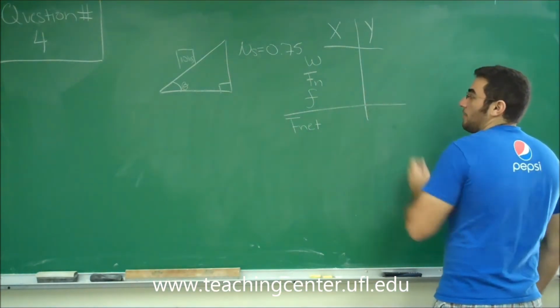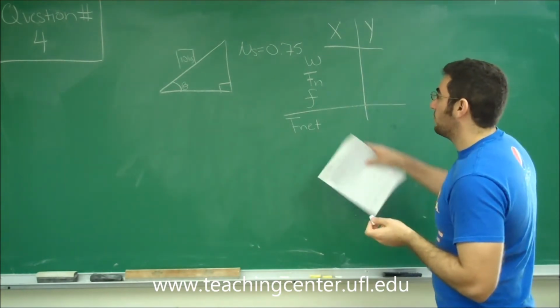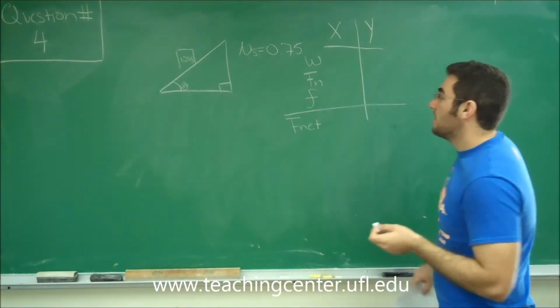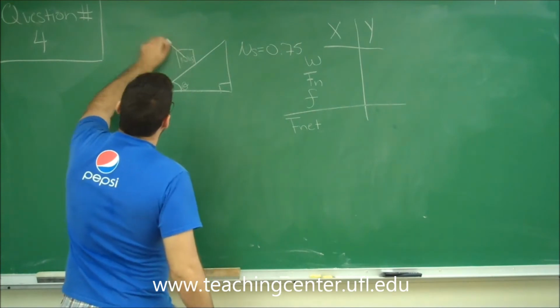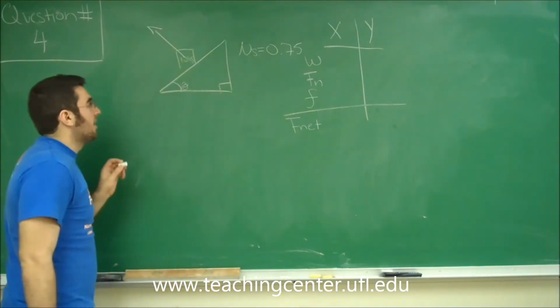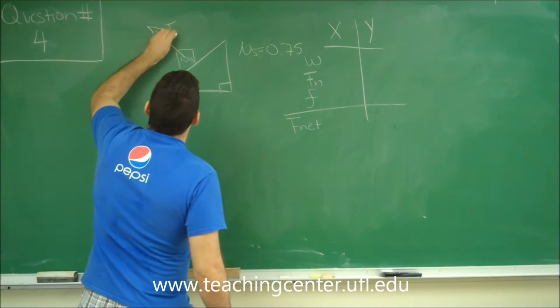each direction it's in. So for the y direction, we'll start out with the simple normal force. The normal force is always directed in the y direction. So this is the normal force.